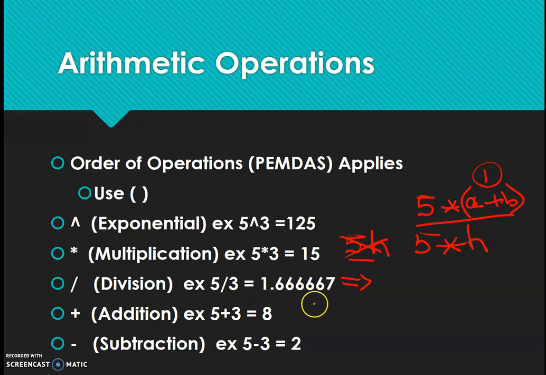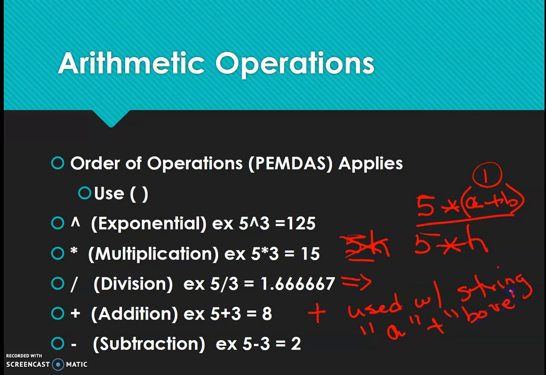Something to add about the plus sign. The plus sign can be used with our strings, those literals that I mentioned in our last presentation. So I actually can append together letters and/or characters.